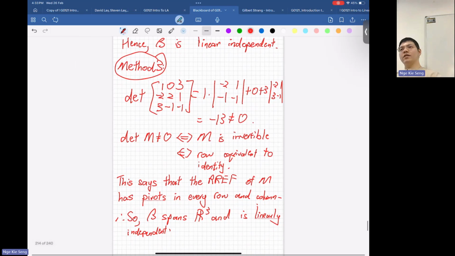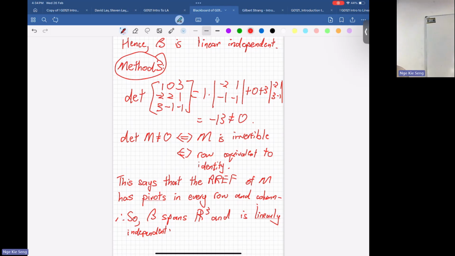Like last time I told you, there are a lot of equivalent statements for the invertible matrix theorem. So instead of checking the determinant, you can check all the other conditions. They're equivalent. Once you get that this matrix is invertible, then it is row equivalent to identity, and it will have a pivot in every row and column.